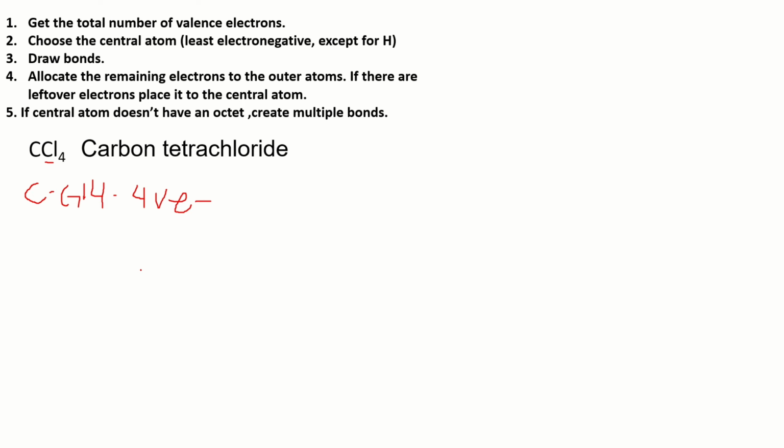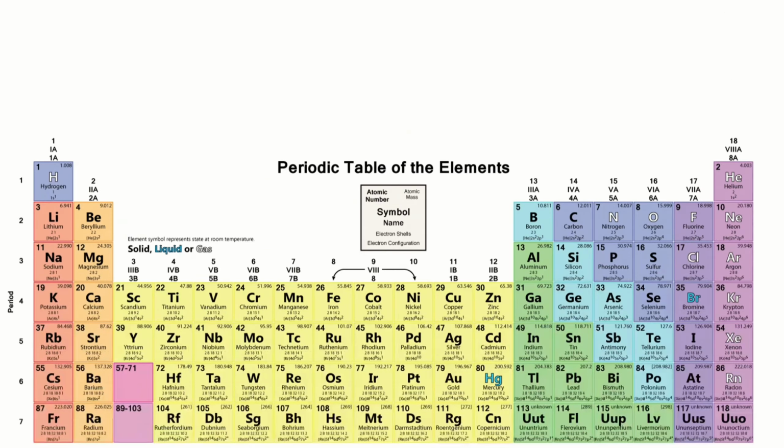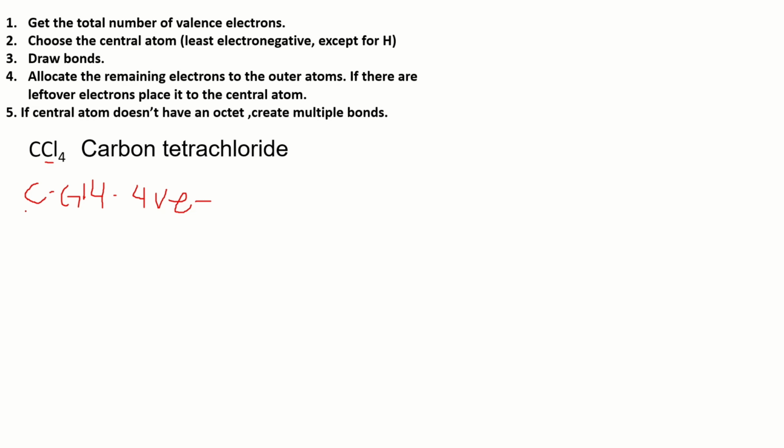Okay, and for the chlorine, let's check our periodic table. Chlorine belongs to group 17. It has 7 valence electrons.